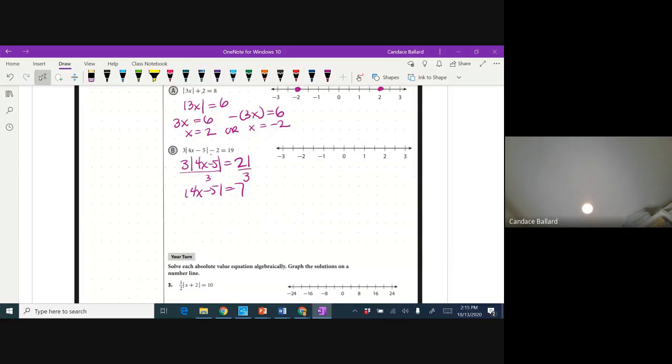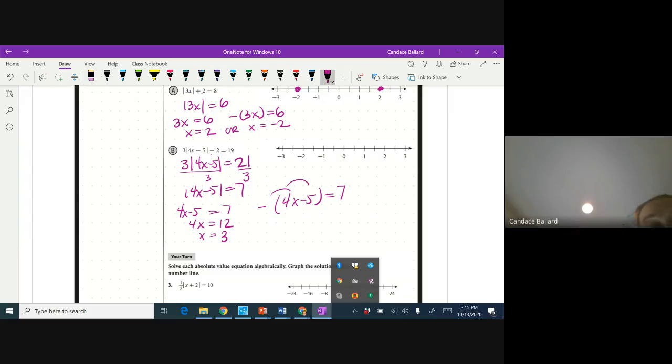And then we are going to split it into a positive expression and a negative expression. So a positive expression equals 7, and a negative, with parentheses, expression equals 7. All right, we're going to add the 5, which would give us 12, and x equals 3.